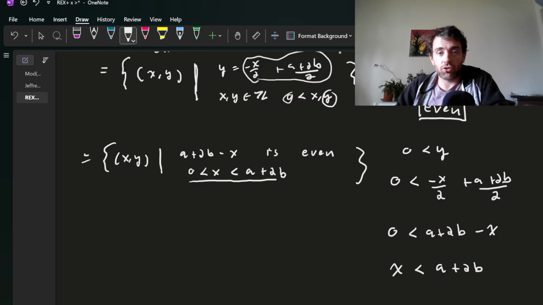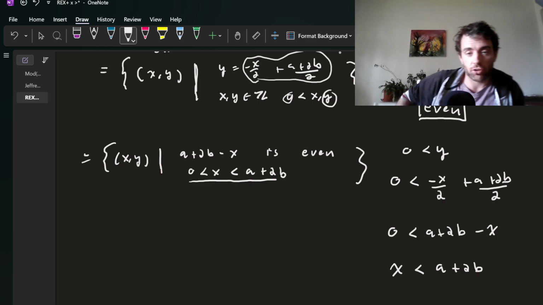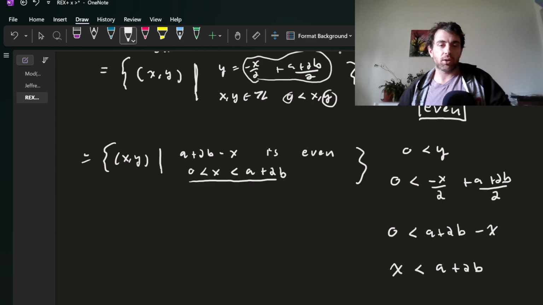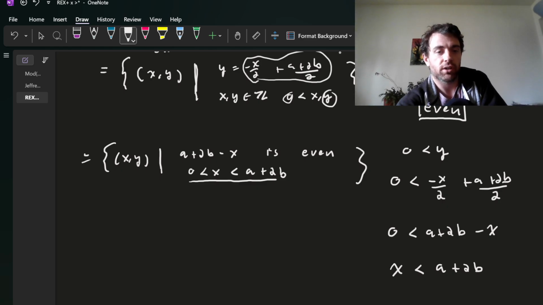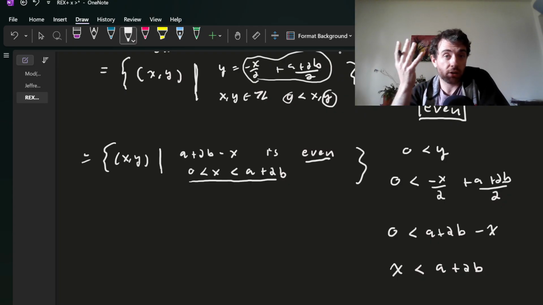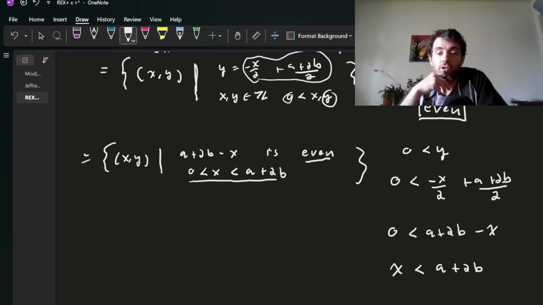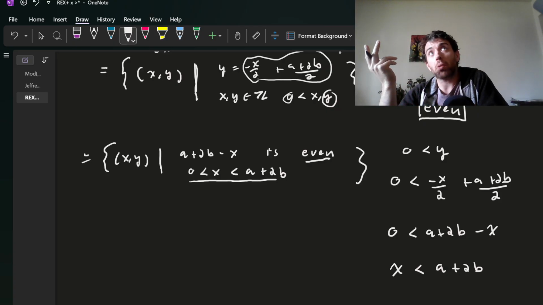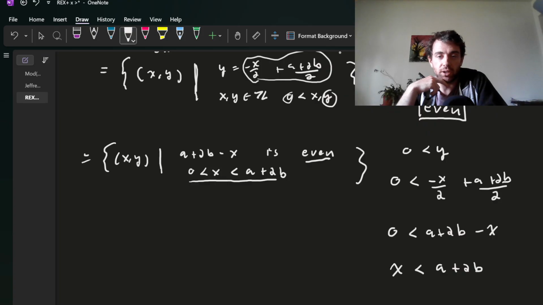Now what we're going to do is break into separate cases. One of the clues that we might want to break into separate cases here is the fact that we're dealing with when a number is even or not. So that's a clue. Whenever you have a parity consideration, maybe you want to break into two separate cases. Now, strictly speaking, you don't always have to break into two separate cases just because you see the word even and odd, right?